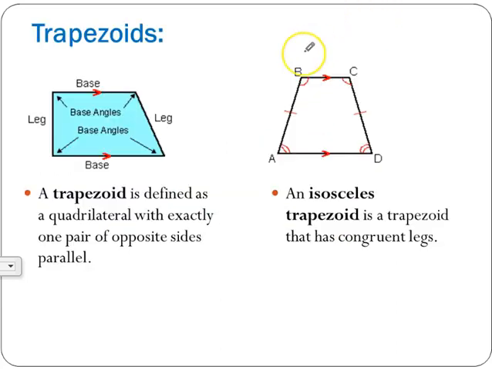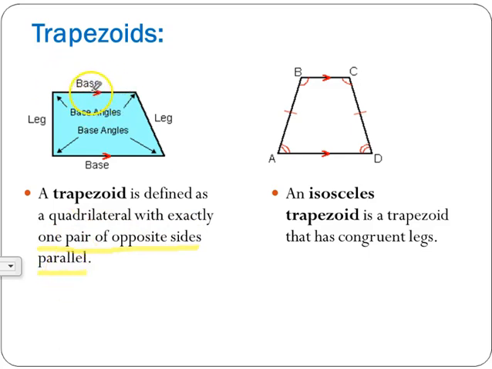Moving on. All right, so trapezoids. It's another type of quadrilateral. We've got 1, 2, 3, 4 sides. So what makes this four-sided figure a trapezoid? A trapezoid is a quadrilateral with one pair of opposite sides that are parallel.